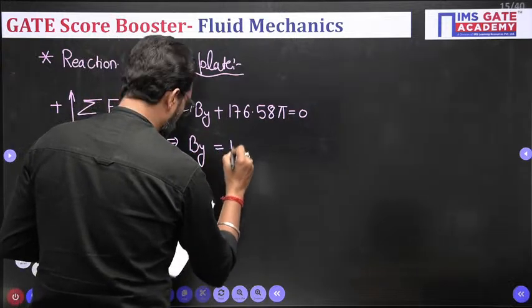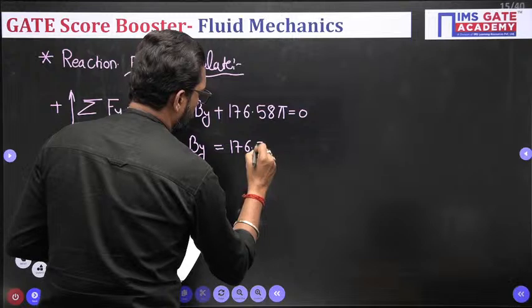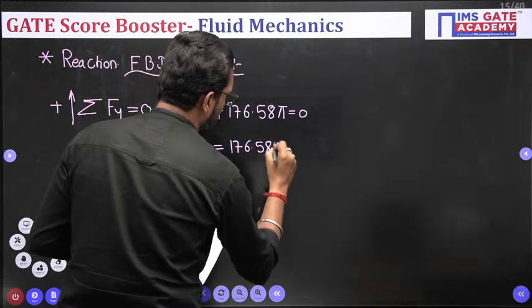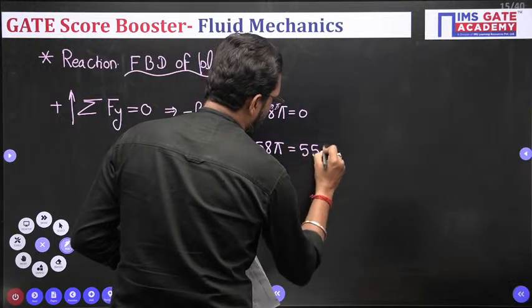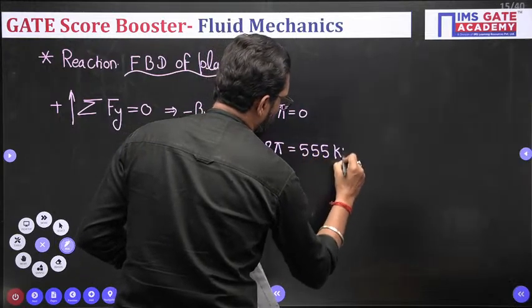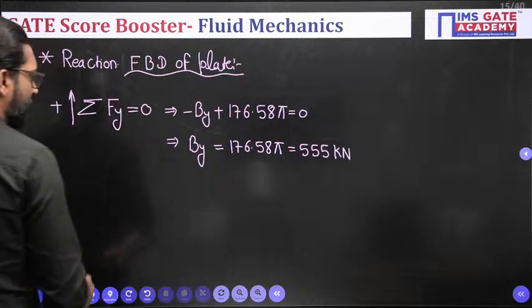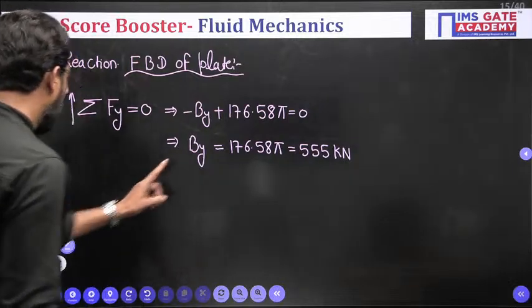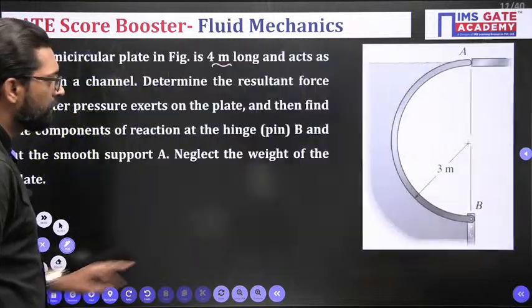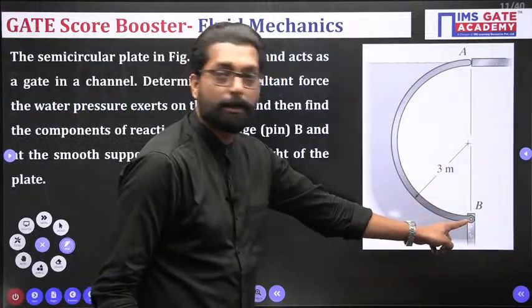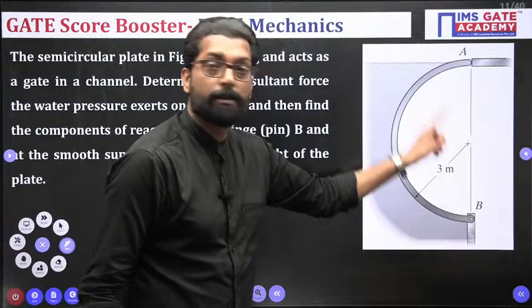By is equal to 176.58 plus. If you convert it, this is 555 kilonewton. So this is your reaction at point B, and this reaction at point B is positive.